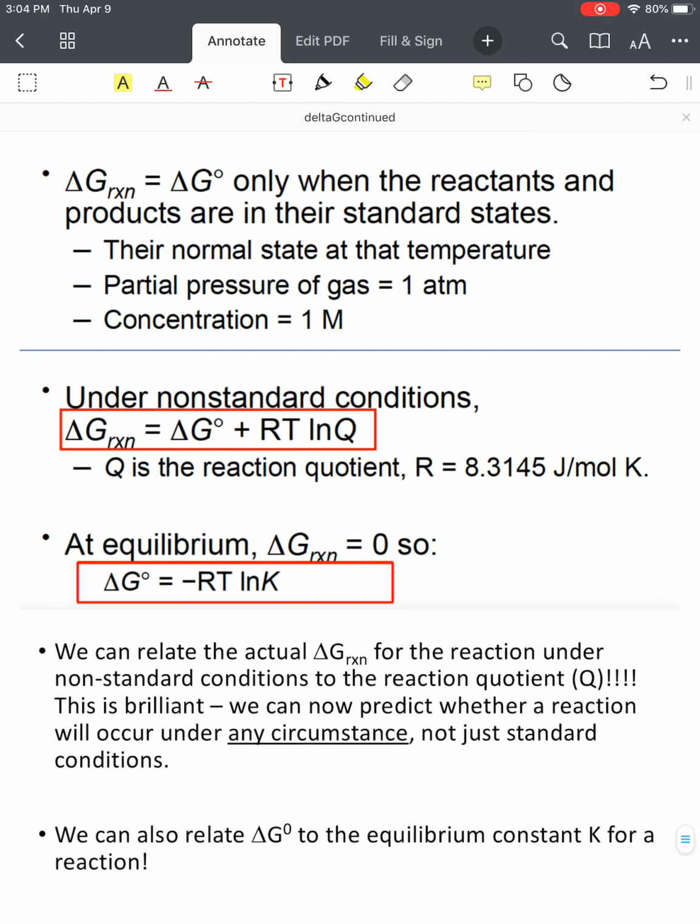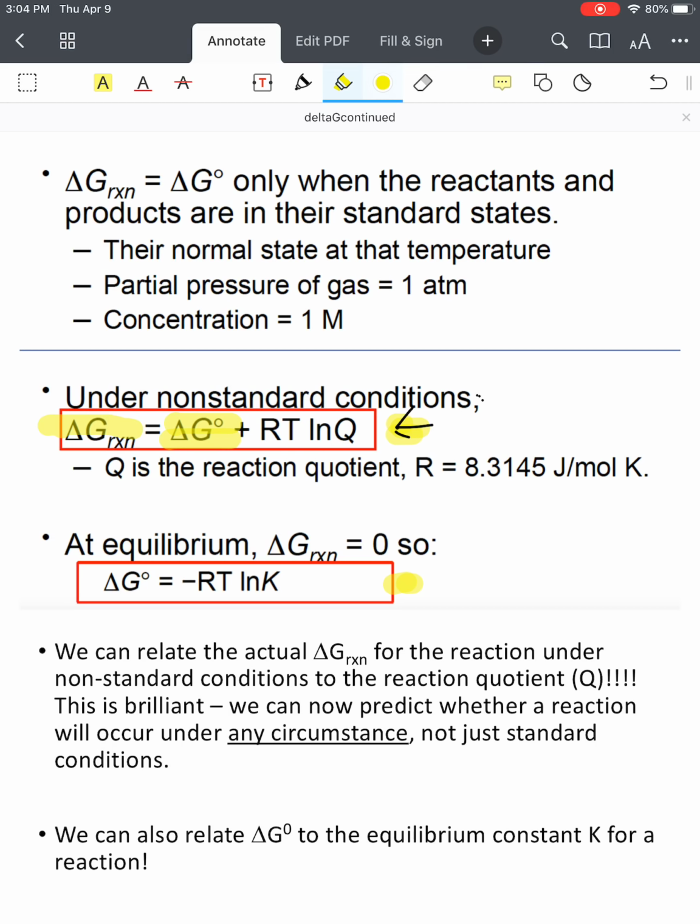Well, it turns out that what we can do is find a few more equations that are extremely useful to us. So one right here and one right here. I think probably the first one's even more interesting, okay? What this first equation tells us is that for non-standard conditions, whenever we deviate from these standard reference states, the delta G for a process or reaction, the one that tells us whether it's spontaneous or not, can be found as being equal to delta G0.